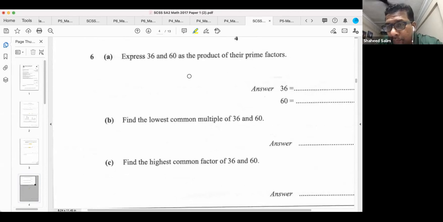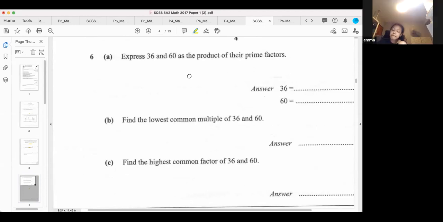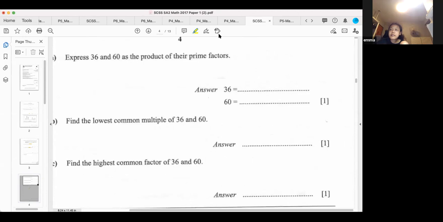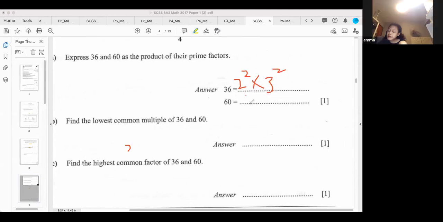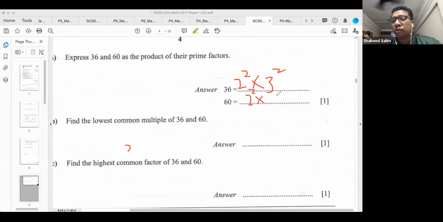Can you do this one? What's your answer here? 36. 2 squared times 3 squared. Okay. 2 squared times 3 squared. Good. What about number 60? 2 square times 5 square.